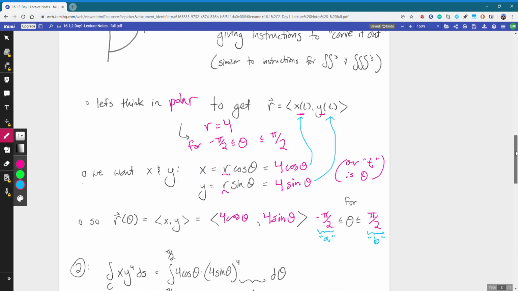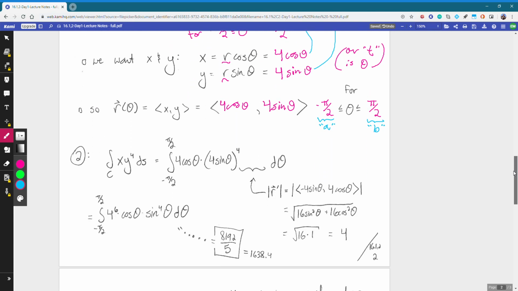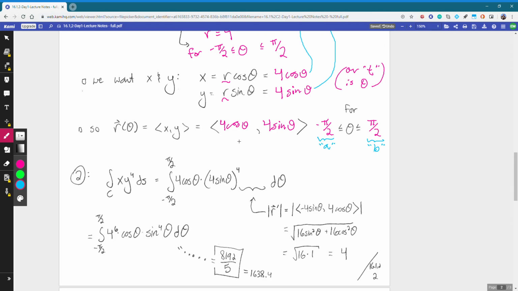So what that becomes down here, I'll just scroll all the way down. So here's our function, xy to the fourth.